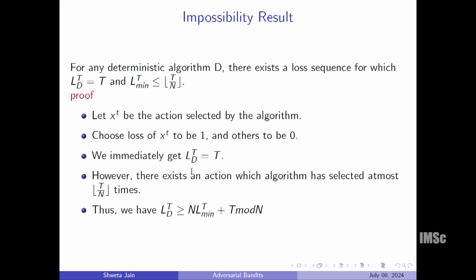No matter on which arm the adversary puts a loss of 1, I have reduced my loss by half. Does it make sense? This is the idea for the next algorithm. So instead of deterministically choosing from ST, instead of breaking the ties by smallest index, you basically do a uniform sampling from all the ST set.